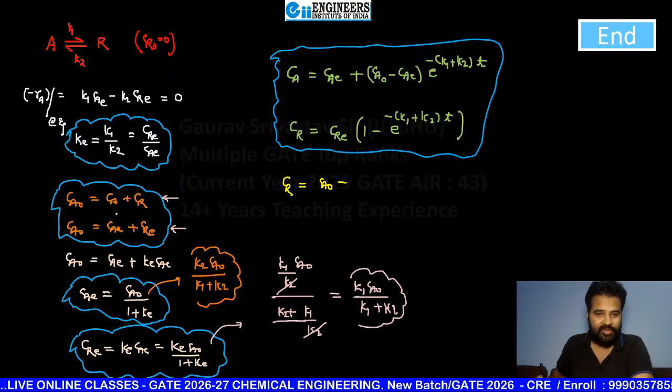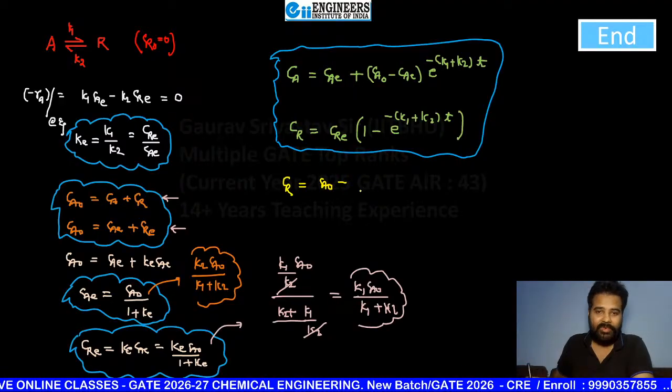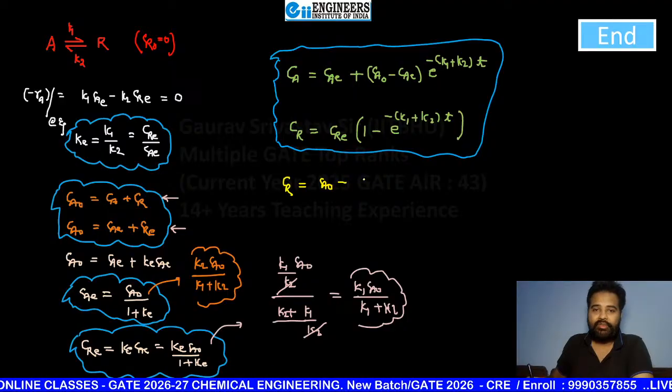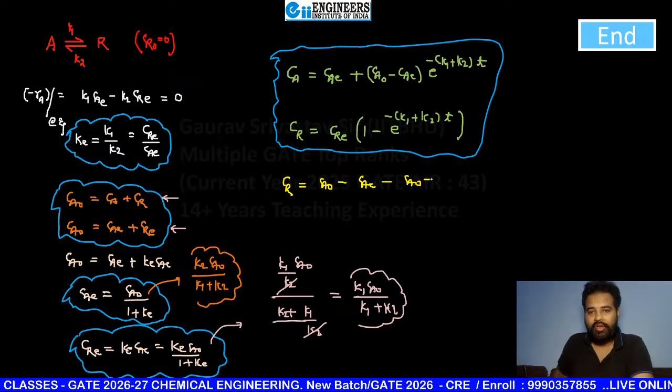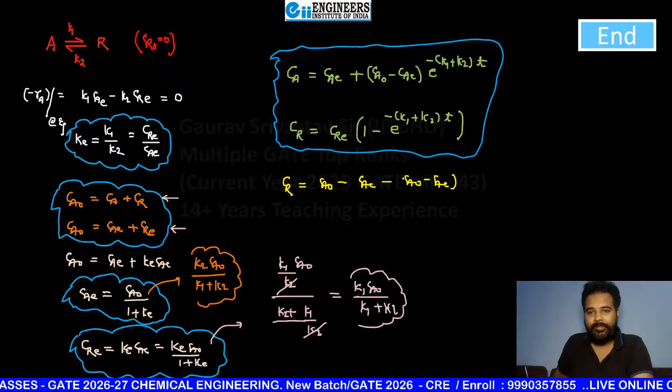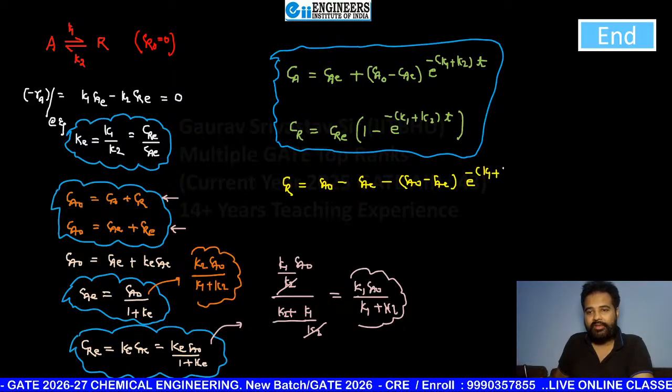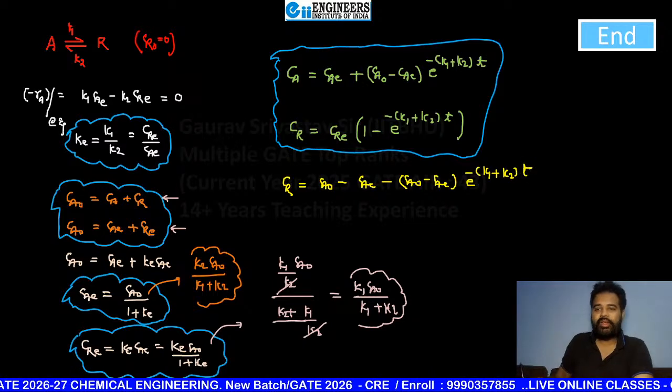So CA naught minus CA. What was CA? CA was CAE minus (CA naught minus CAE) e raised to power minus (k1 plus k2)t.